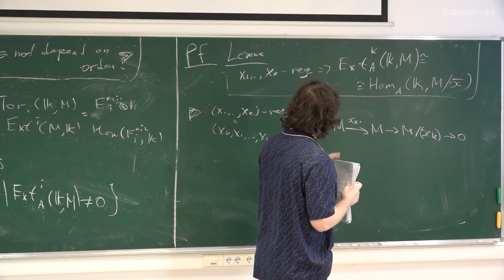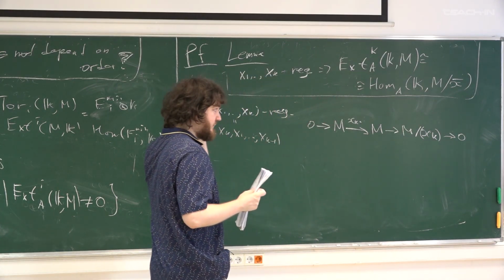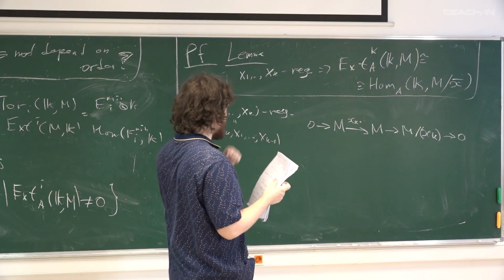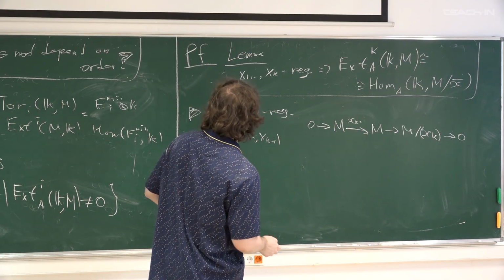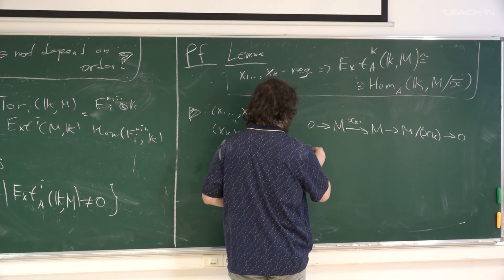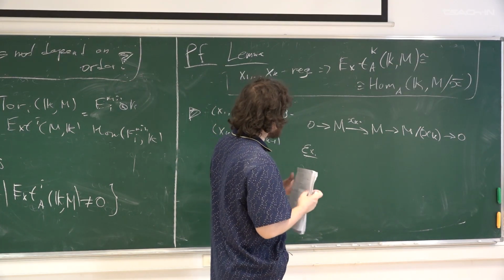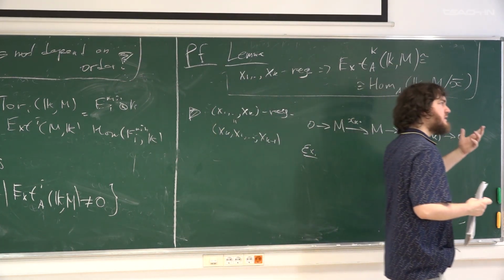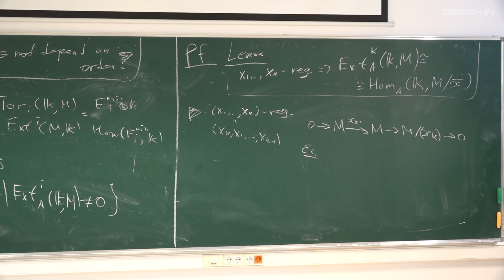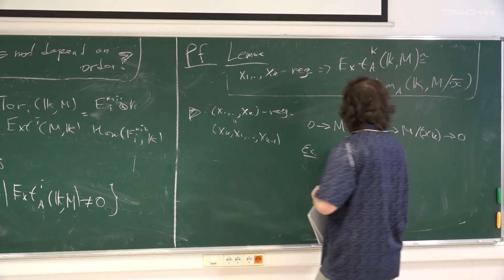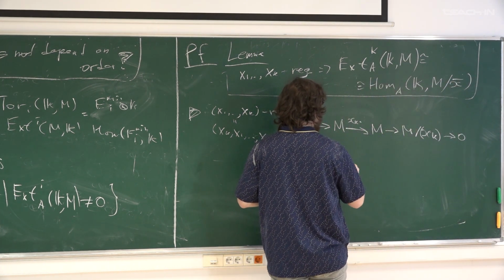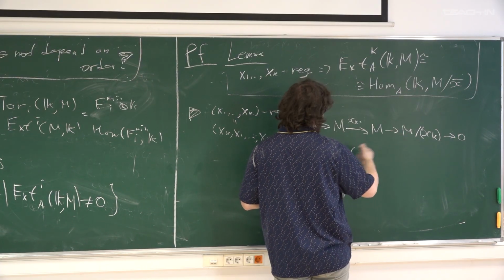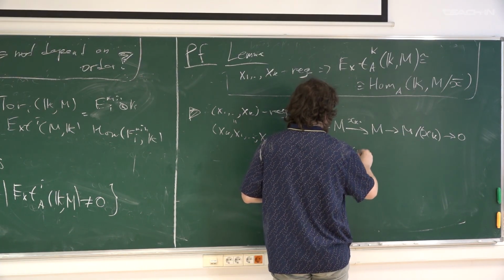Consider the corresponding long exact sequence of Ext from k to this short sequence. An easy observation, an easy exercise: if you have multiplication by some element of the ring, then the corresponding map in Ext, it's all true for any ring.